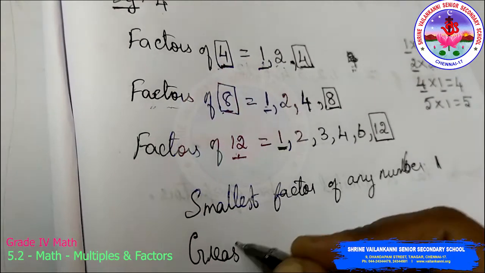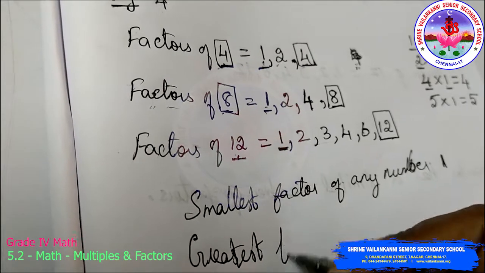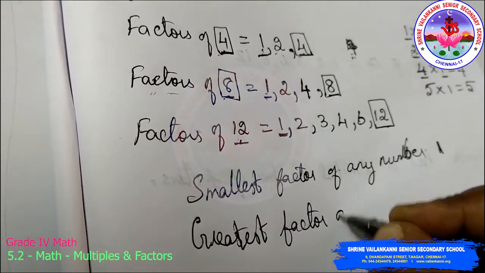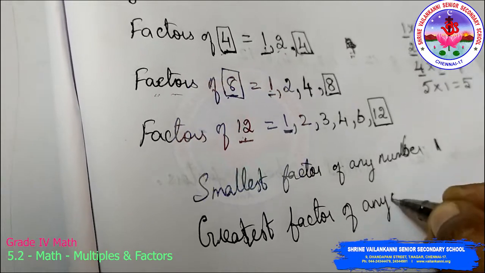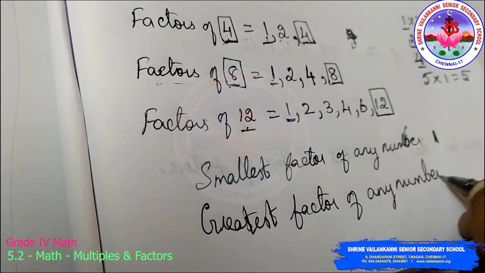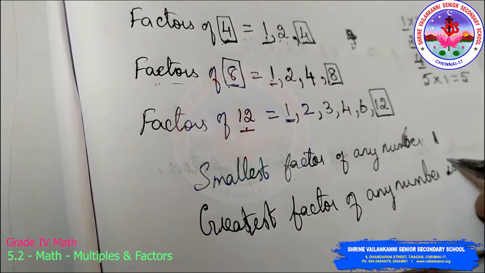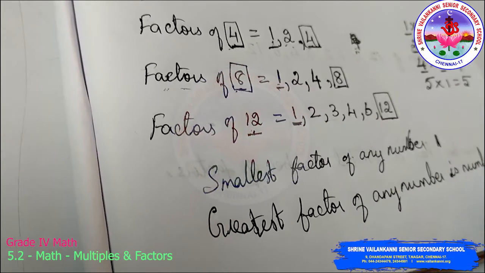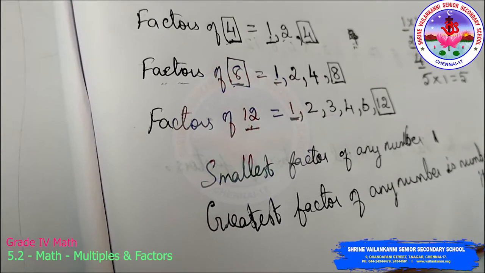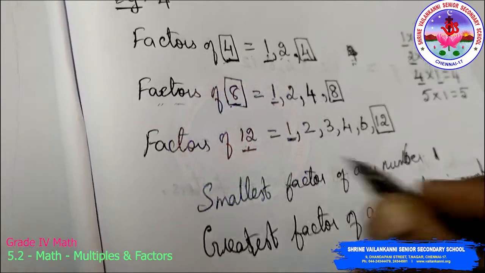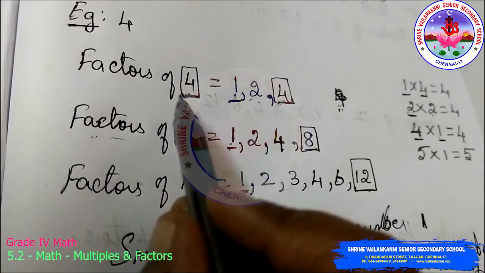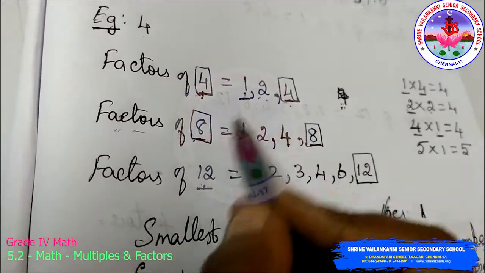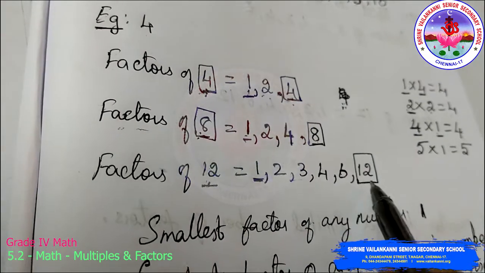Greatest factor of any number will be the number itself. The number itself means what? 4, 4, 8, 8, 12, 12.